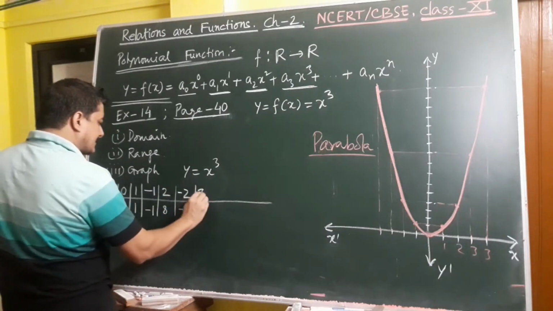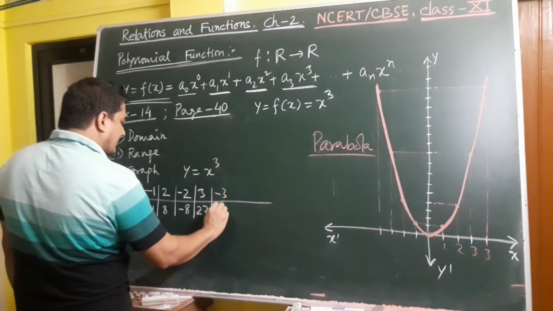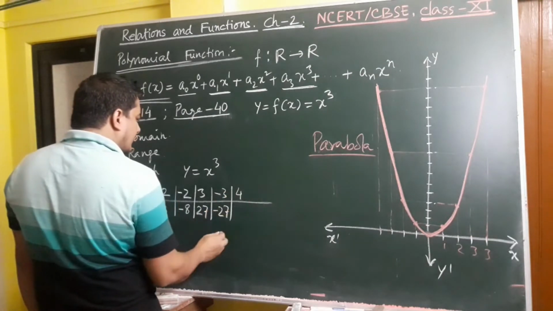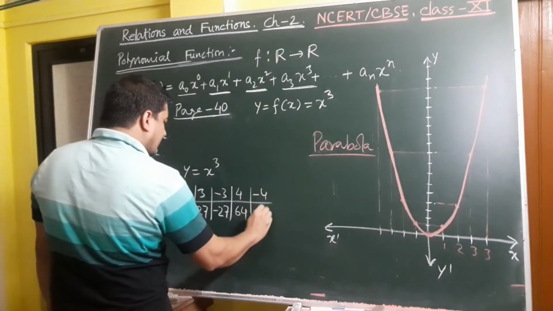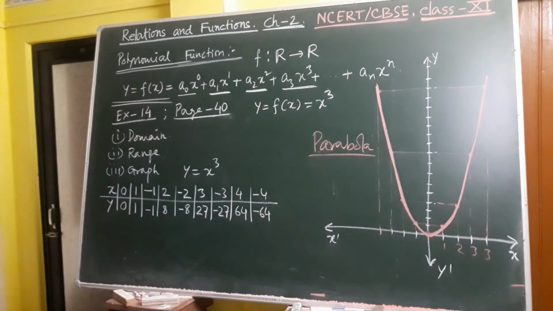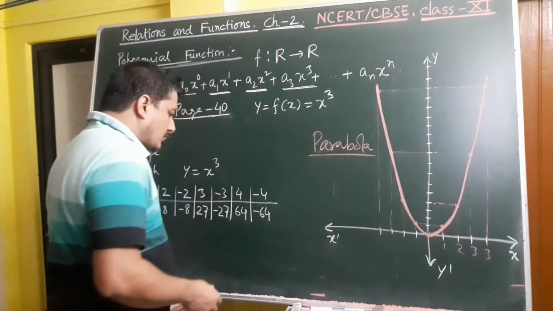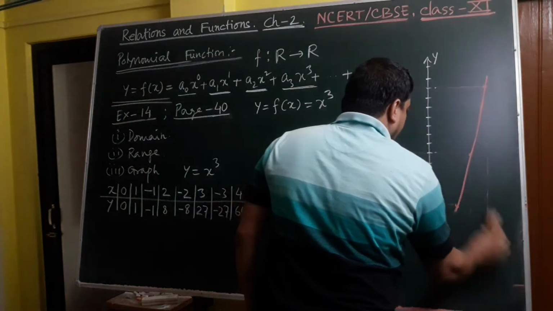Then for plus 3 it will be 27. For minus 3 it will be minus 27. For plus 4 it will be 64. For minus 4 it will be minus 64. Okay, so with these many points I think we can draw the graph. Actually you need more number of points, but I am taking only these many points.